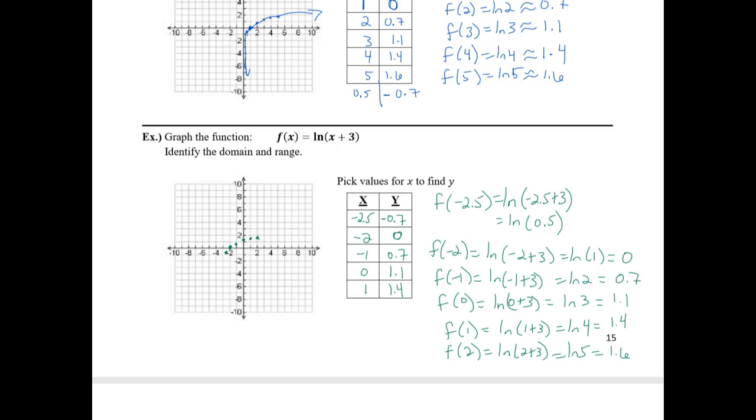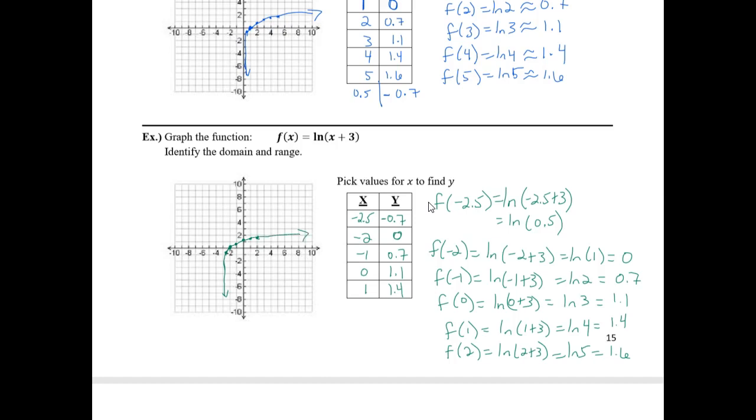We know we can't go past negative 3 because I can't plug in negative 3, right? Negative 3 plus 3 would be 0, but ln of 0 gives us an error. So I'm going to get close to negative 3, but I'm not going to cross it. Got an asymptote there. And then it's going to gradually go up like that.